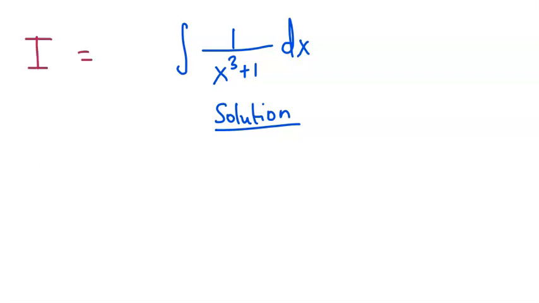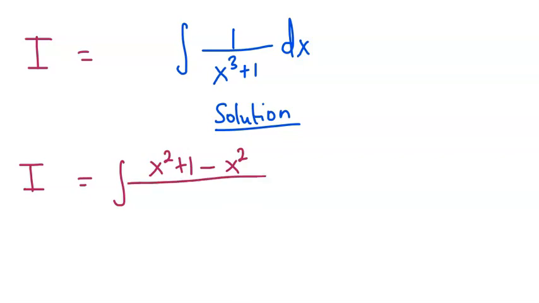So now we have that I is equal to the integral. The numerator, which is 1, we can write as x squared plus 1 minus x squared, divided by x cubed plus 1 dx. So from here we can split the denominator, right?